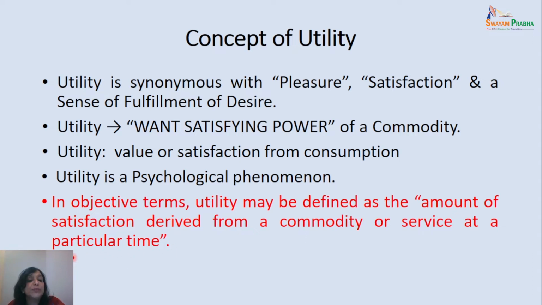See, this particular time is very important, because during summer a cold drink will give you a greater satisfaction. The same bottle of cold drink may not give you a similar level of utility during winters. Therefore, we are saying it's a very psychological phenomenon, and it is closely related to the time period under which the consumption is being done.